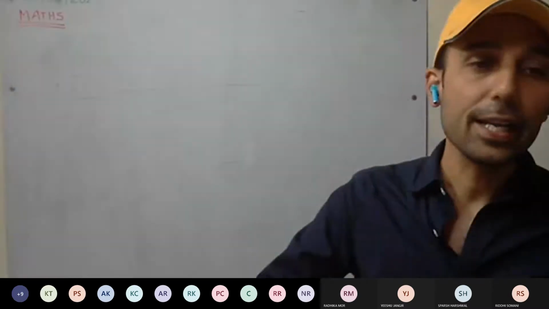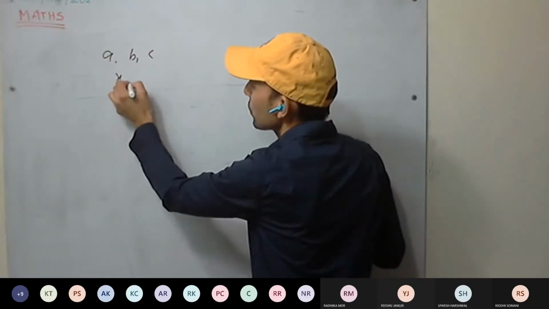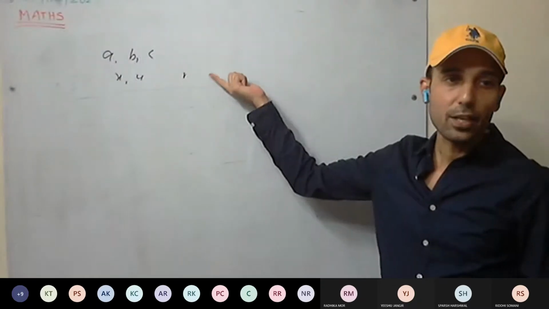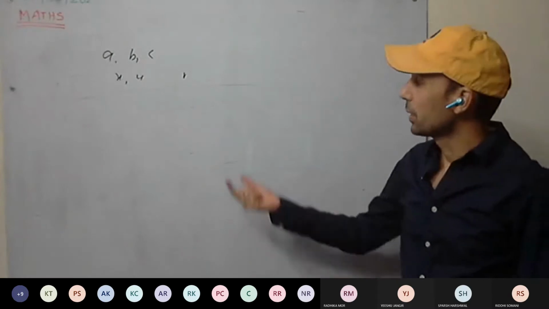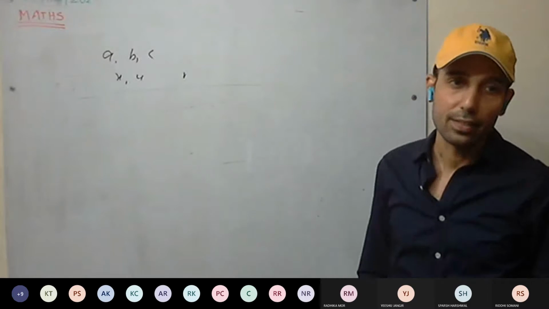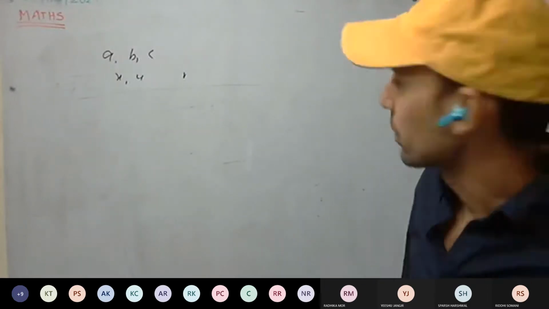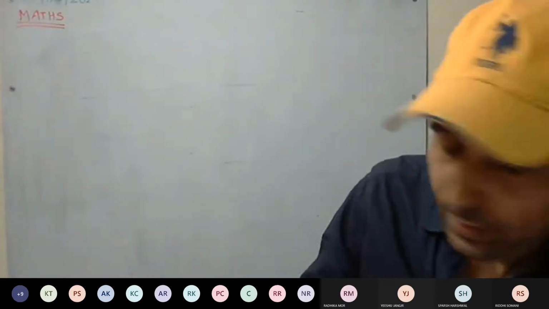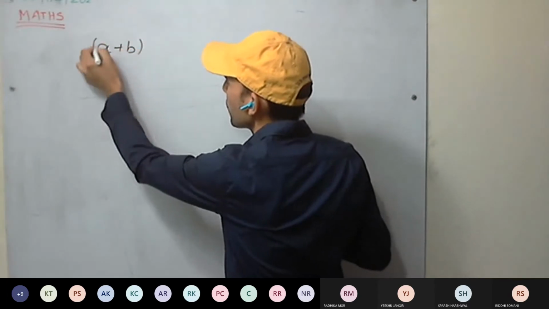Whereas variables can take any value. So A, B, C, X, Y, Z, P, Q, R, any of those alphabets we take represent variables, because depending on some conditions, they take any value. So we'll be revising them all. If it is A plus B the whole square.